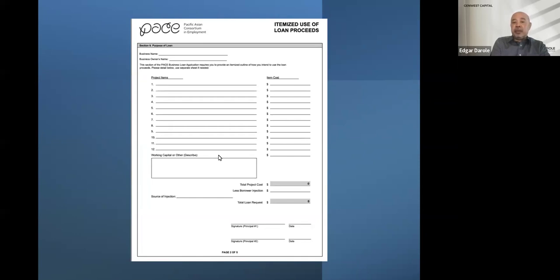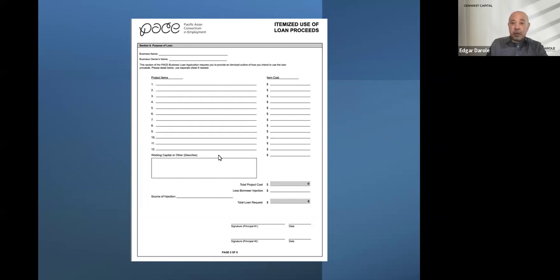So if your loan amount is 100,000, you put in 10,000, and where is that money coming from? Usually you put in your business savings account or business checking account. And the total loan amount requested will be your total project cost minus your injection or equity injection.